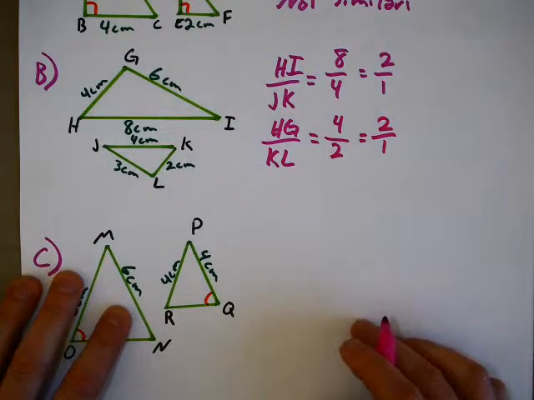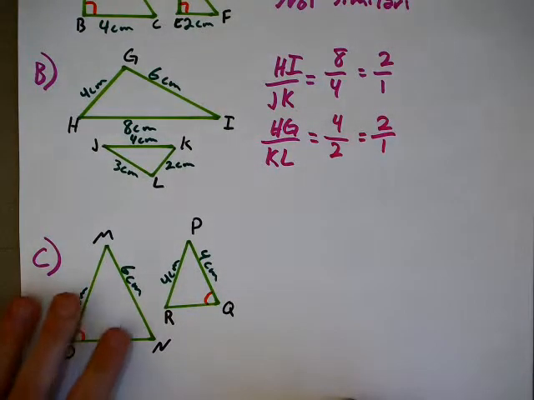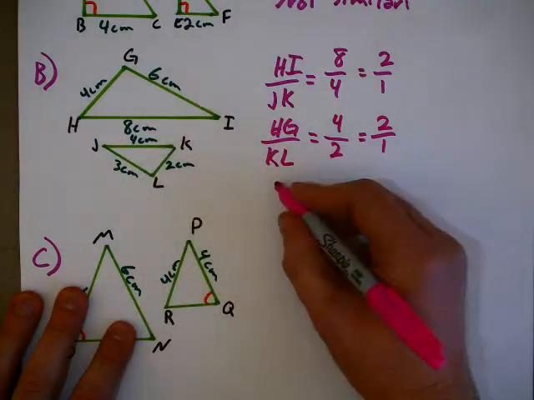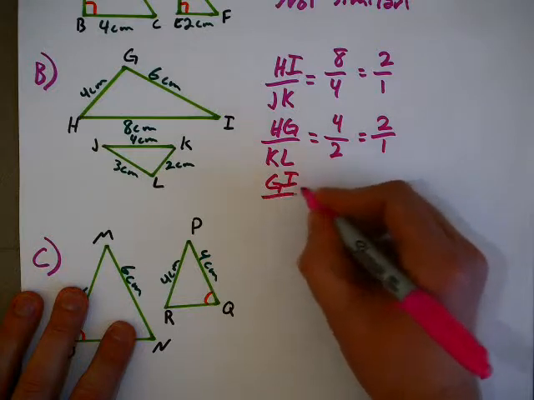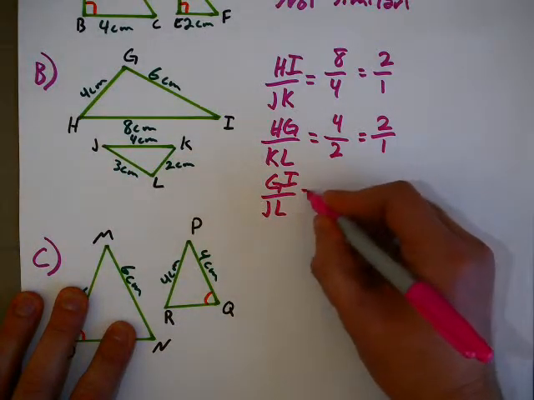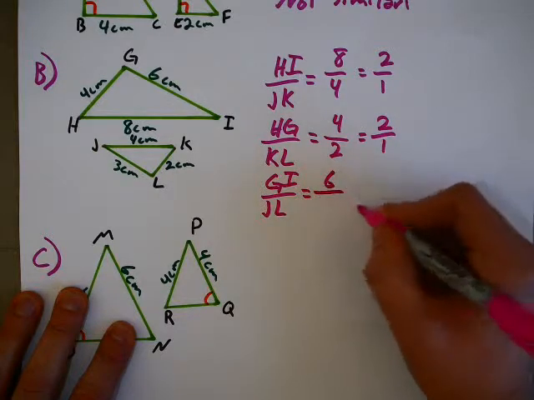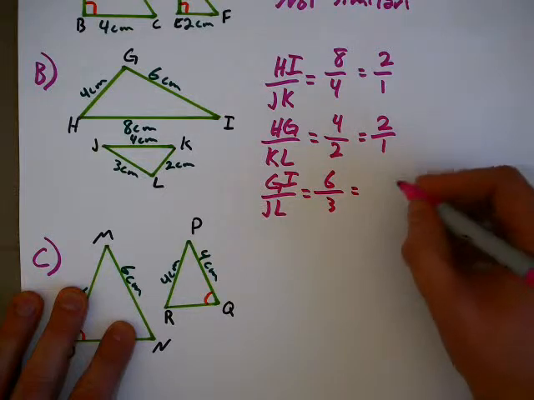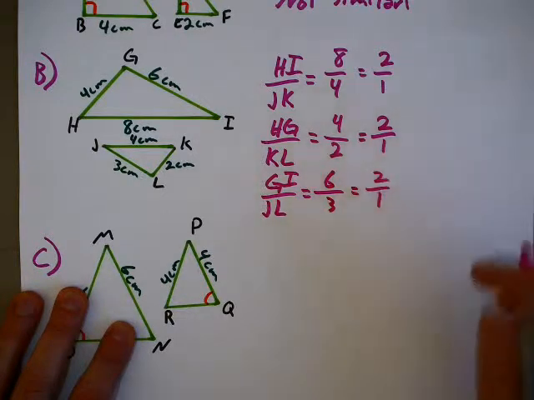So that's just going to leave me with one pair of sides left over. So it's GI over JL. So that's going to be 6 over 3, and that does in fact simplify to be 2 over 1.